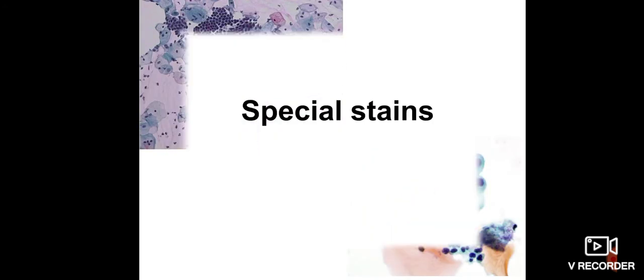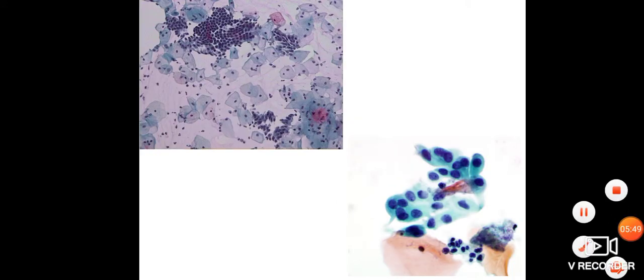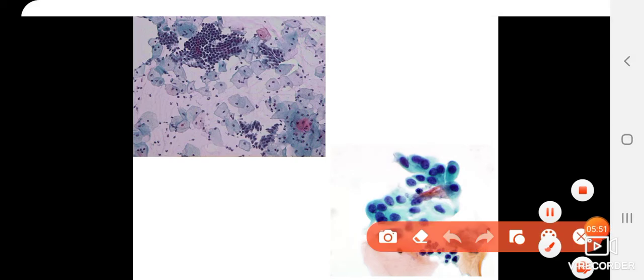So you can see in this picture, these big cells have a bluish color cytoplasm and a very small dark point-like nucleus. This staining is mainly because of hematoxylin, and the pinkish color you are seeing here and here is because of eosin.